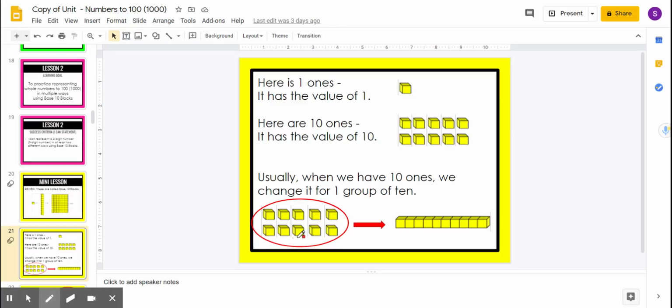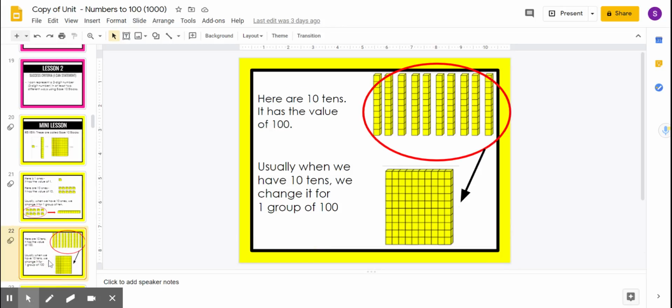So you'll see here that I have 10 ones and it turns into a rod of 10. Likewise, if you have 10 tens, again we regroup it into one group of 100. And this is going to be really important as we start to learn to add.